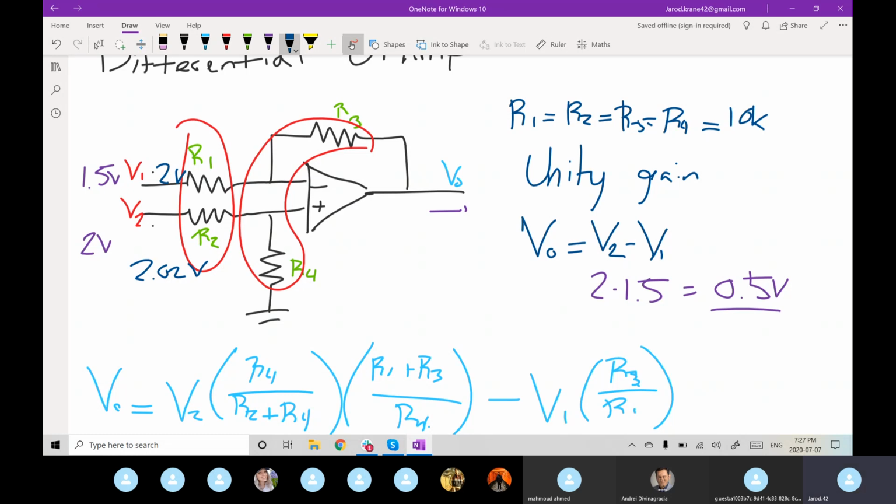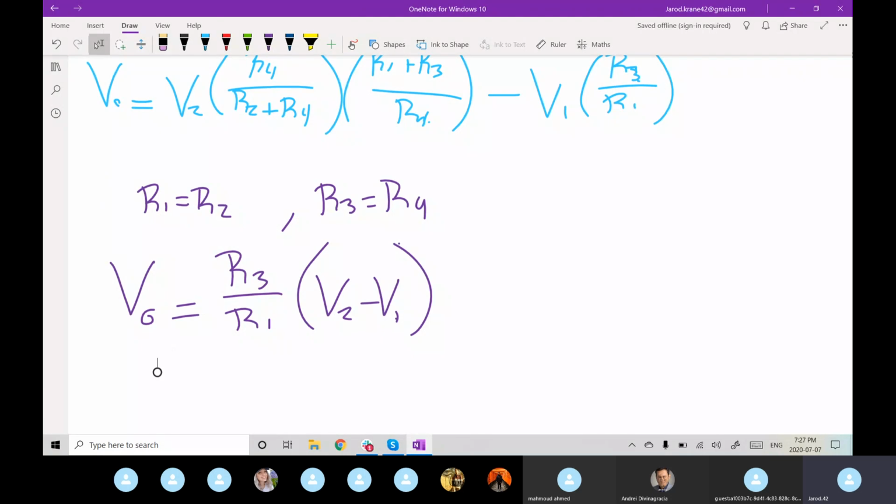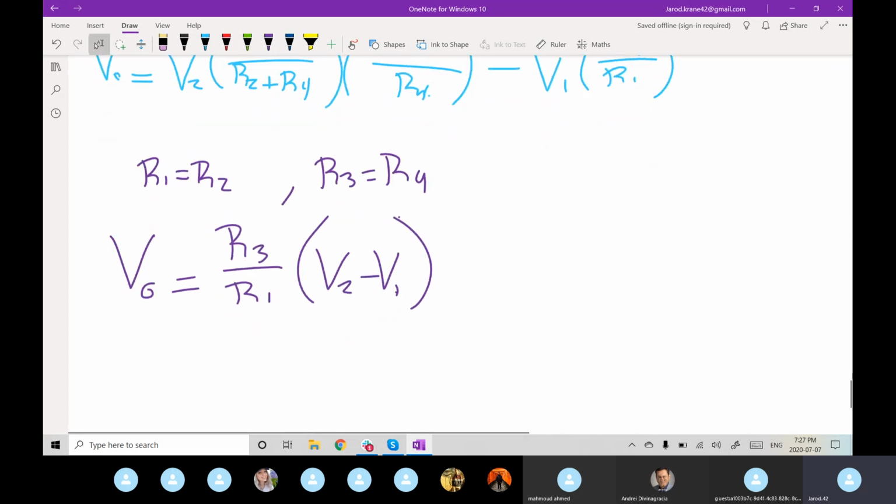So when we have our setup such that 1 and 2 are the same, 3 and 4 are the same, and let's give this so it's maybe our 3 and 4 we put at 10K, well 1 and 2 are at 1K.